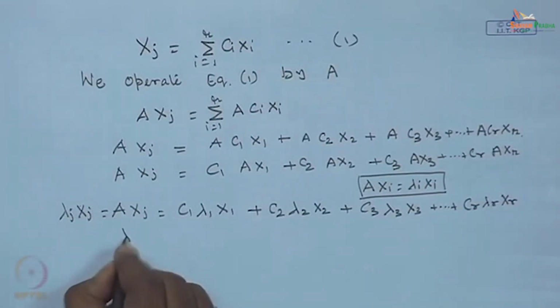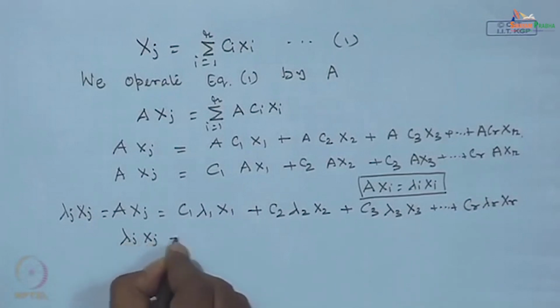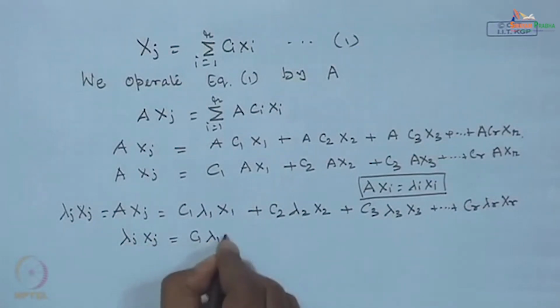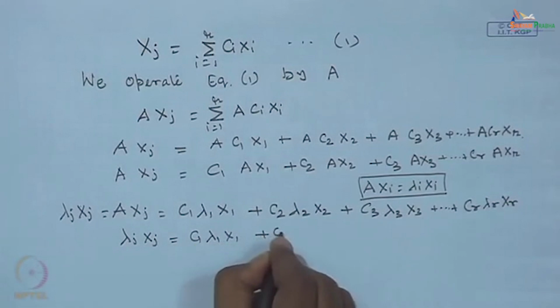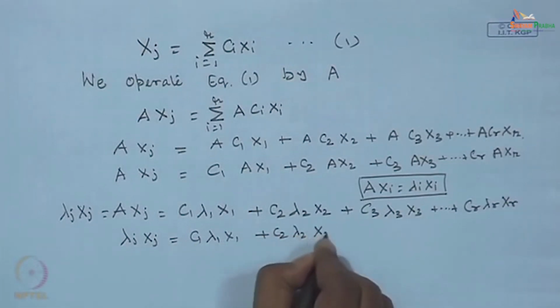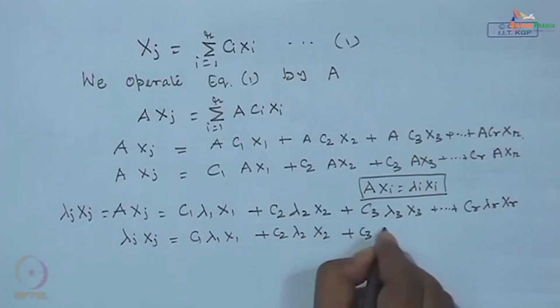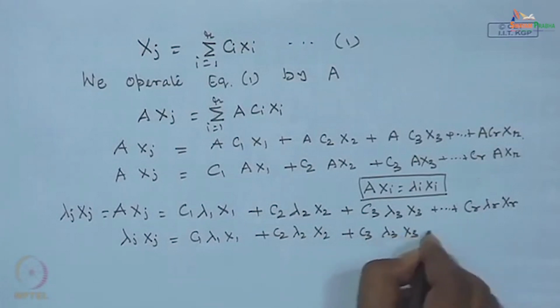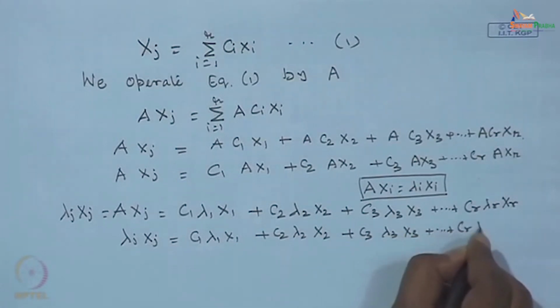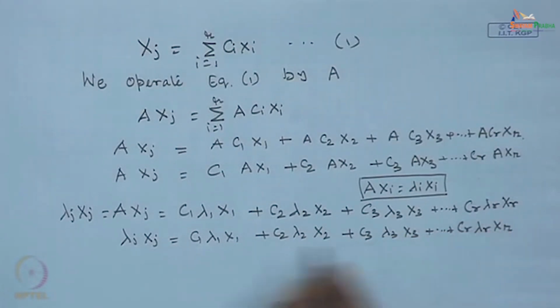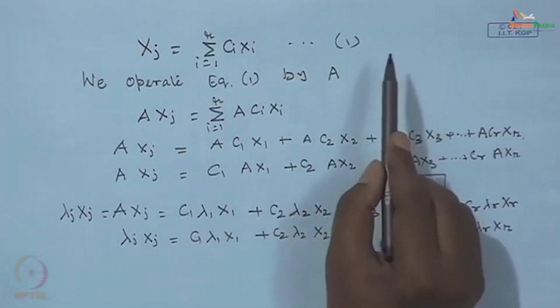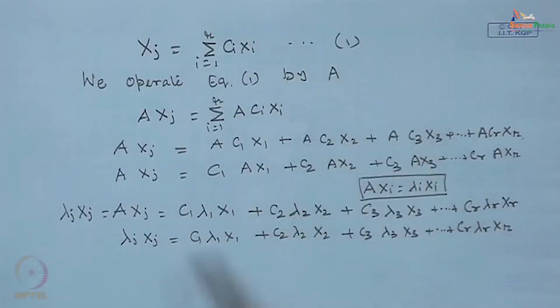So, we get this equation: lambda j x j is equal to C 1 lambda 1 x 1 plus C 2 lambda 2 x 2 plus C 3 lambda 3 x 3 up to C r lambda r x r. Next, what we do? We multiply equation number 1 with lambda j and see what we get.